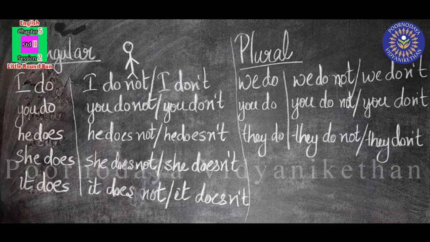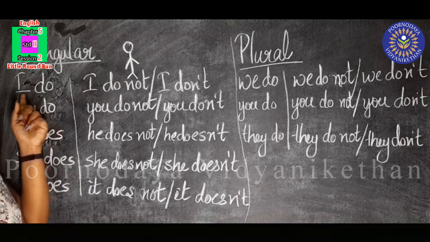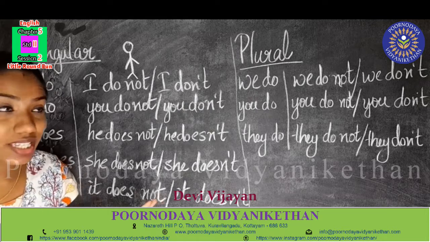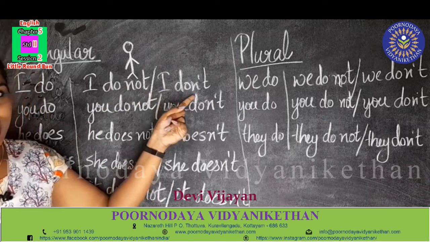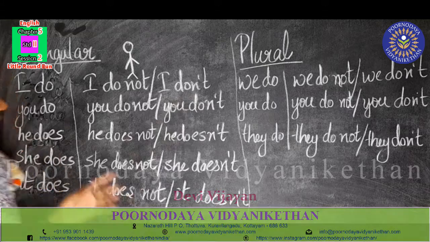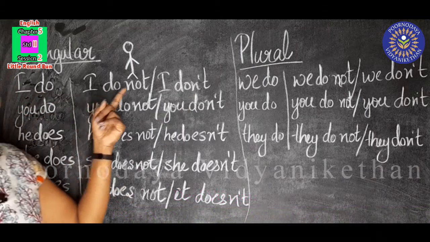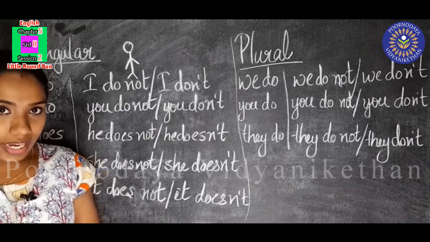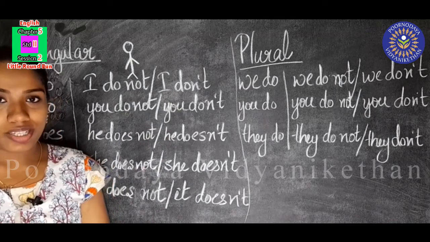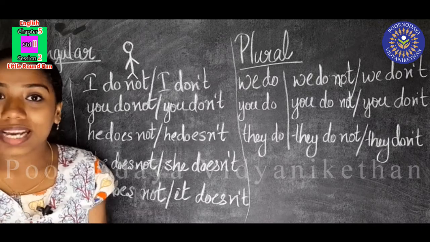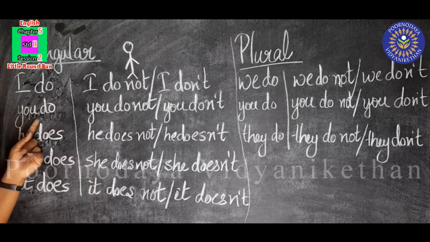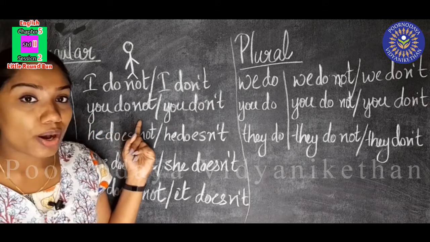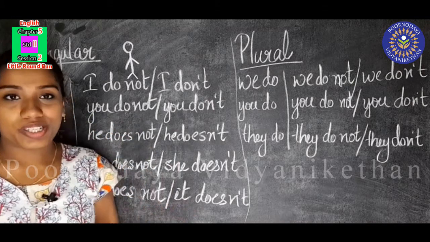So in singular form, we'll use I do, I do not, or you can say I don't. Did you learn? Now we are going to see this. You do, you do not, or you don't.